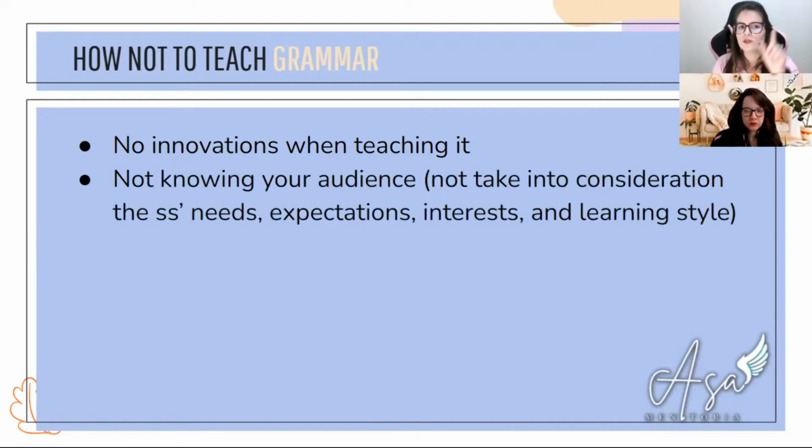Another problem, I told you about this in our first live broadcast: not knowing your audience. So not taking into consideration the student's needs, expectations, interests, and learning style, for example. As I told you before, try to bring in as much innovation as you can, but know your audience.